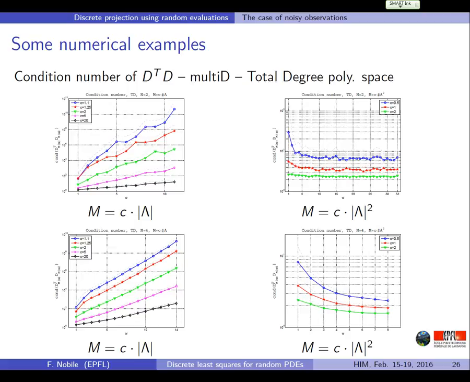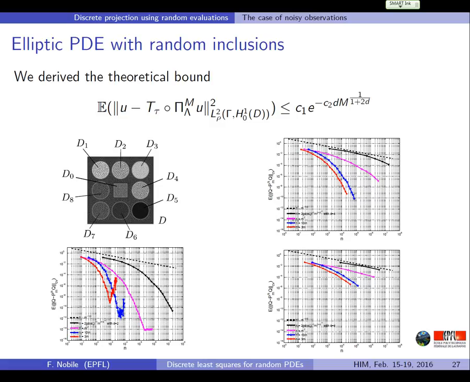Okay, so in higher dimensions, things behave more or less the same. This is an application to this setting here, a diffusion equation with 8 random inclusions. This is the case with 8 inclusions. This is the case where we just played with 2 inclusions. And things more or less behave the same. You are not able to see this picture, sorry, but me neither, actually.